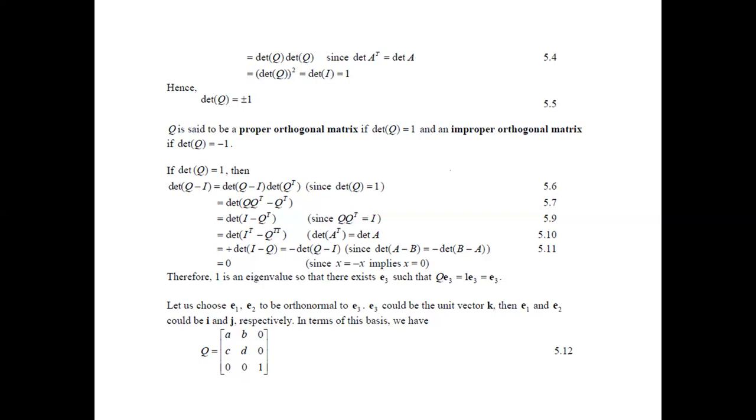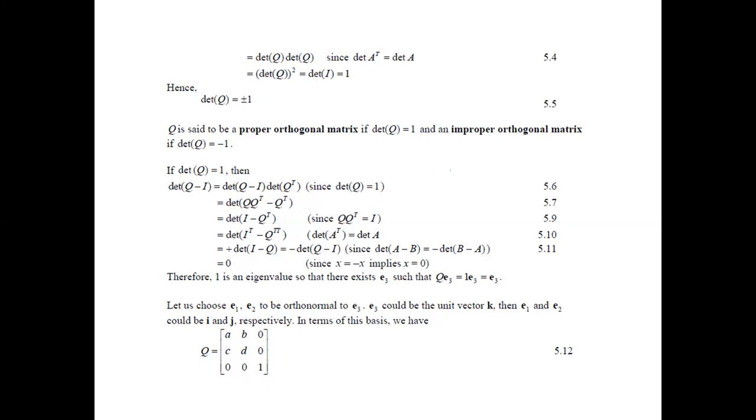That's the identity matrix. So this will be equal to the determinant of I minus Q transpose. This will be equal to the determinant of I transpose minus Q transpose, because when you take the transpose of I minus Q transpose, you still get the same determinant.